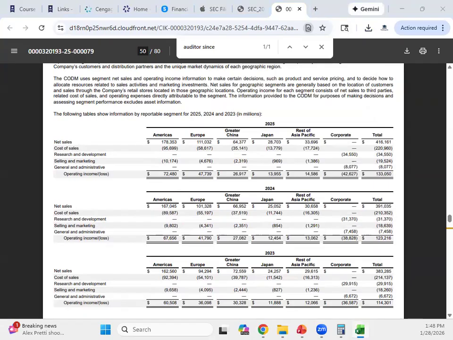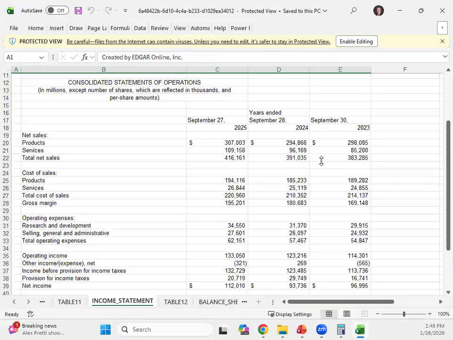If we just look at the Excel financials of Apple, we can figure out what their margins are pretty easily.